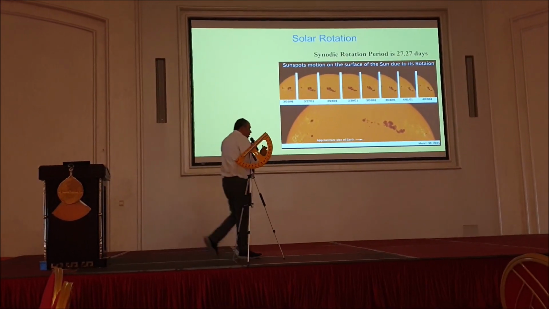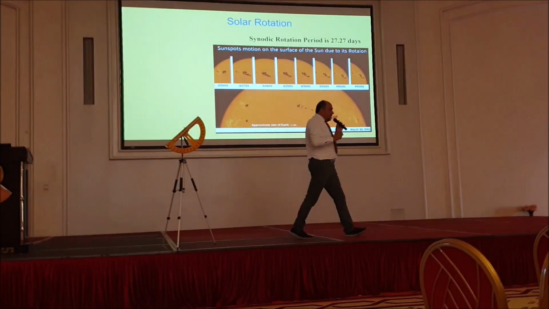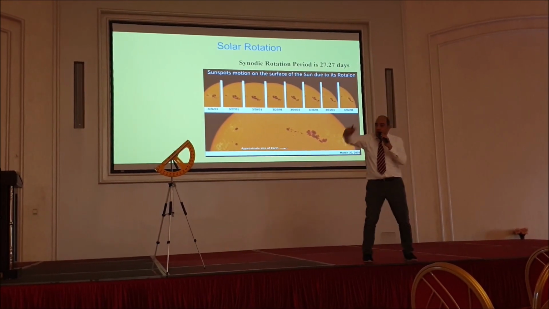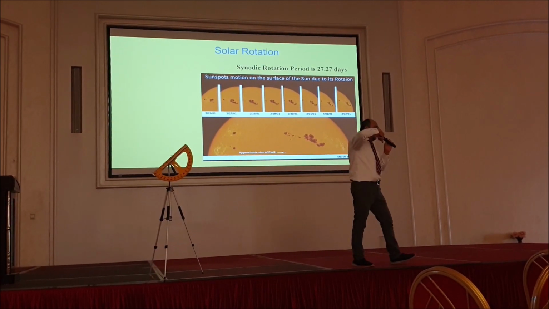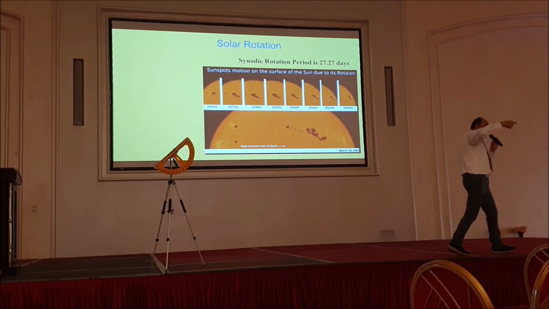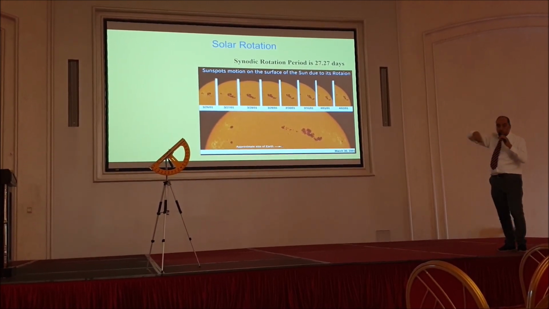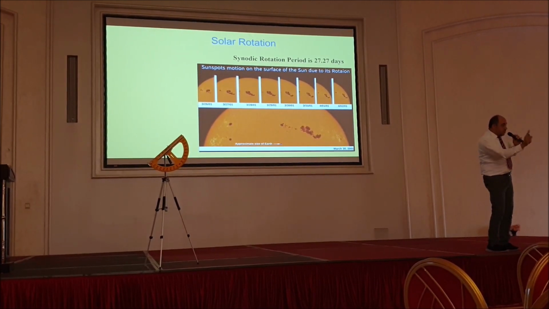Some people define them as twisting magnetic lines. You know the magnetic lines between the north and the south. They rotate.